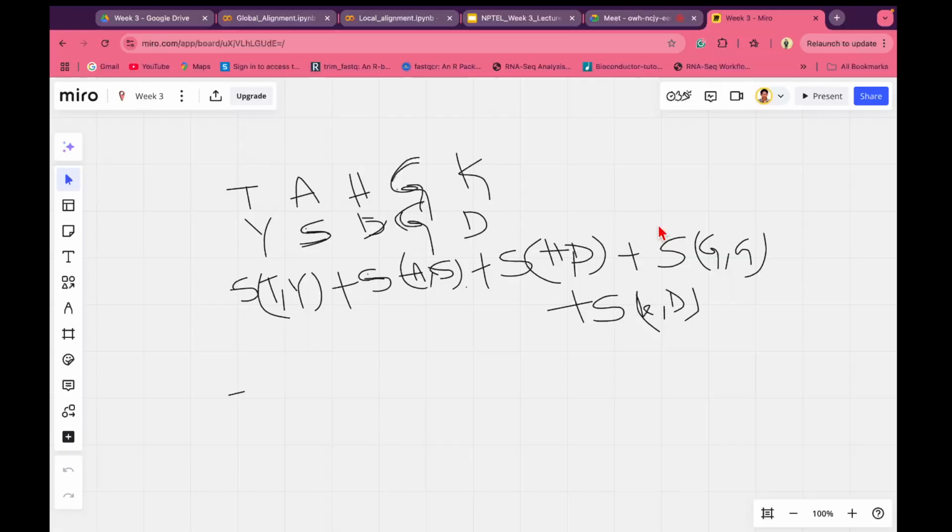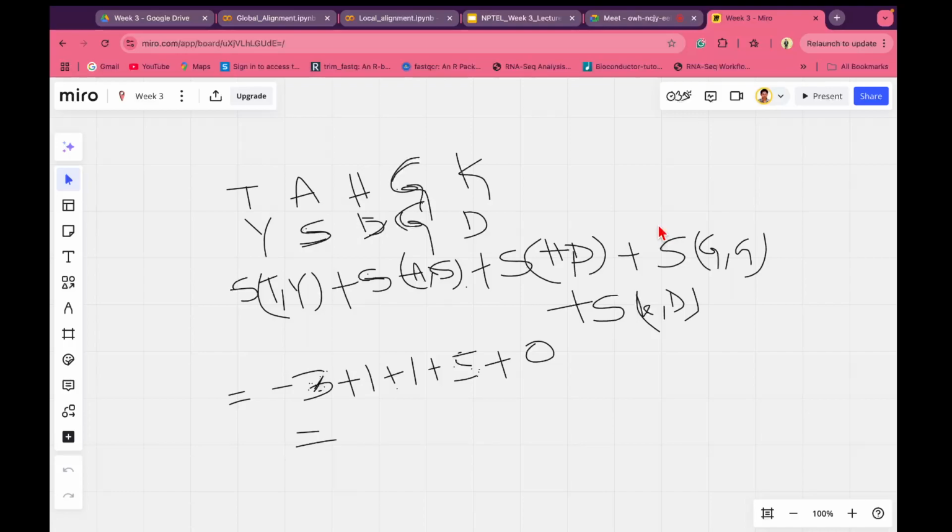So here the score of T and Y in the matrix is minus 3, plus A and S is 1, followed by H and D, which is also 1, GG is 5 and K and D is 0.